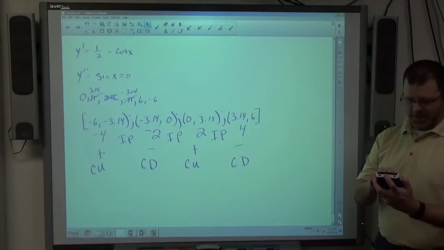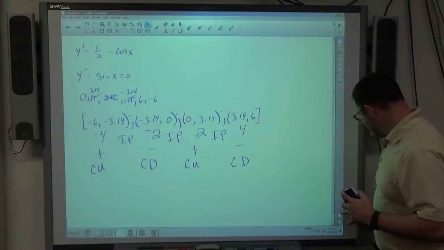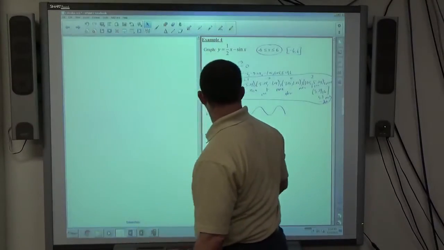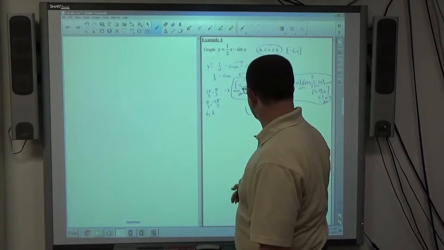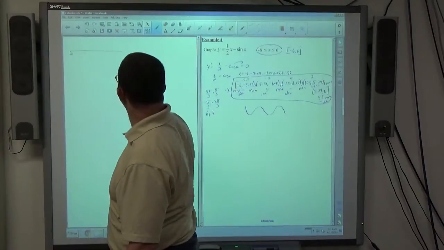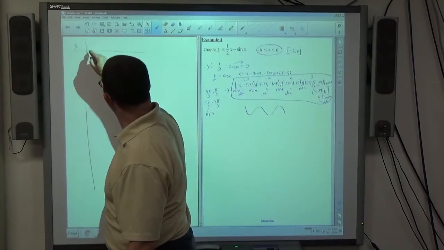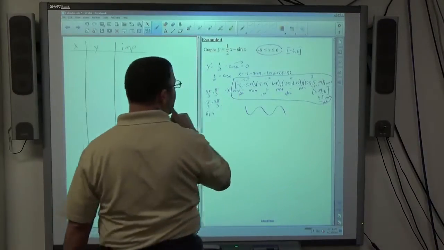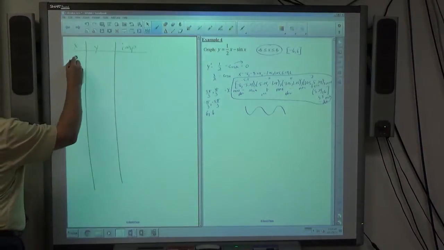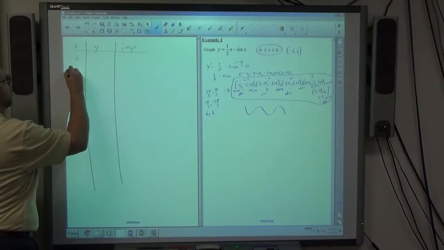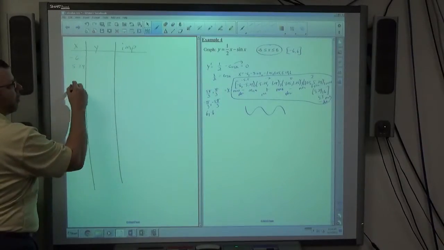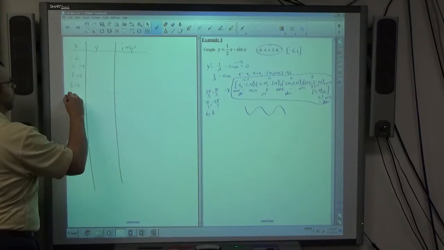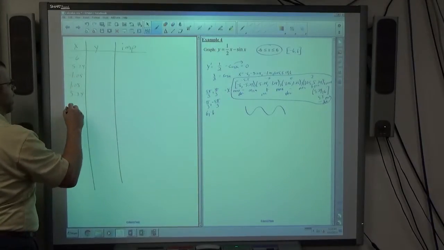So, let's put all our information down. I'm going to go 2 pages here and make an XY chart over here. So my critical numbers we got were -6, -5.24, -1.05, positive 1.05, positive 5.24, and positive 6.